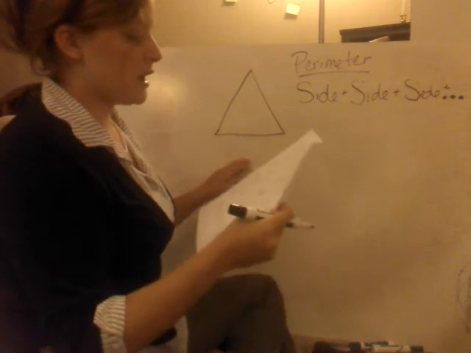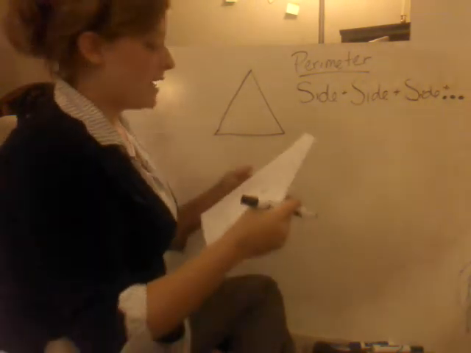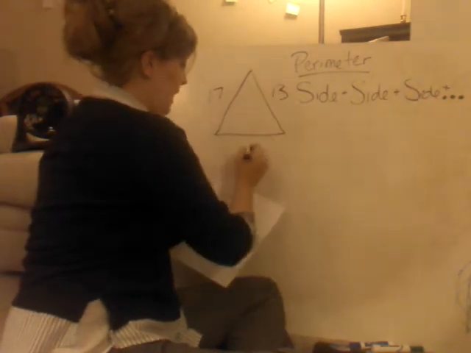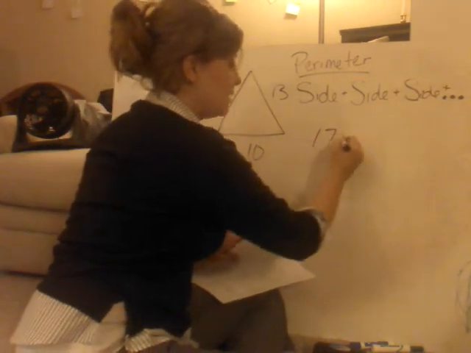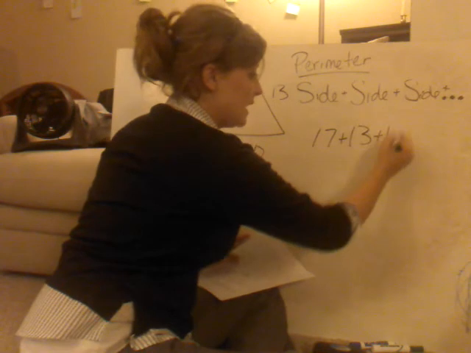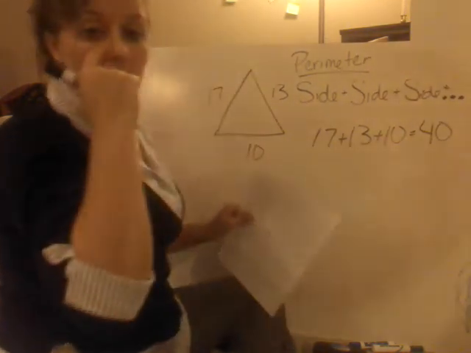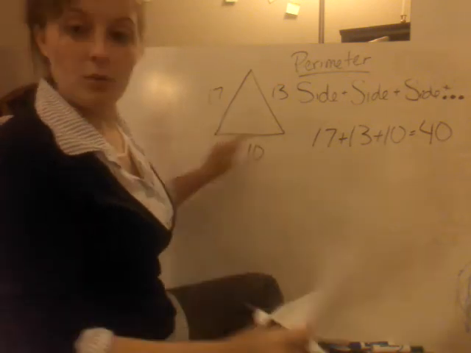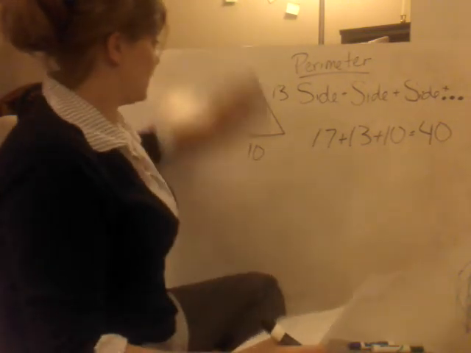Our first shape is a triangle, and we've got 17, 13, and 10, which means I would add up 17 plus 13 plus 10, and that comes to 40. So the perimeter of our triangle, just the outside, as if I was putting up a fence, is 40.